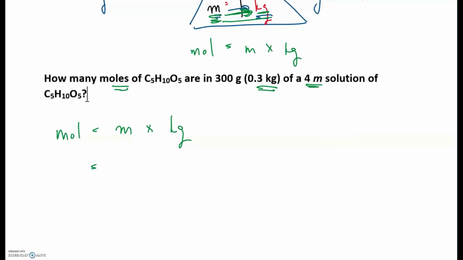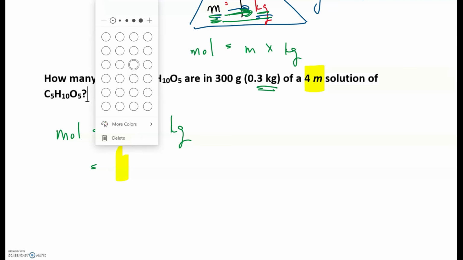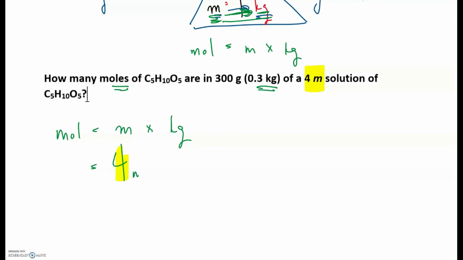Well, we know we have a 4 molal solution. My OneNote is really slow. So we're going to put that right here, 4 molal solution, and we have 0.3 kilograms. So let's bust out our calculator.